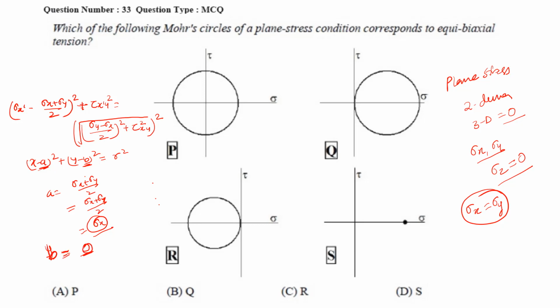Now if you try to find the radius, what will be the radius over here?